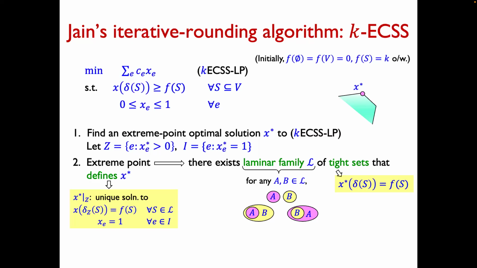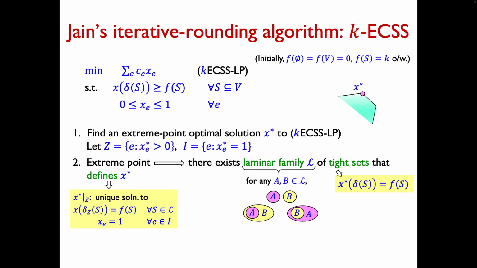We also have to account for the integral edges, so setting those constraints to be tight as well. The unique solution to the system is X star. The non-zero portion of X star is the unique solution to the system. That's what I mean by this laminar family defining X star. Okay?